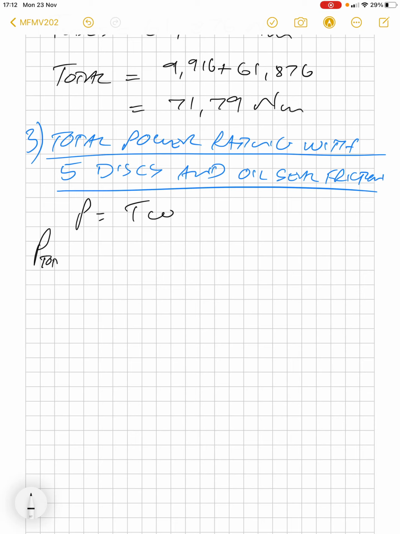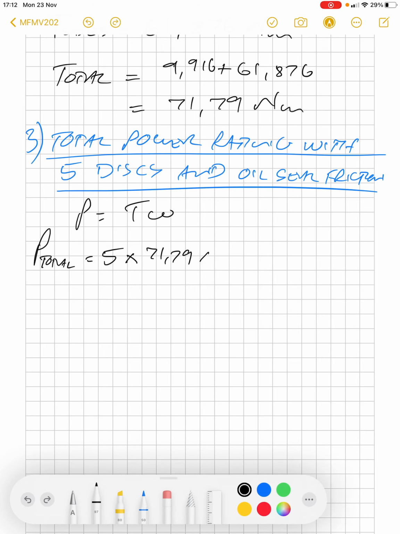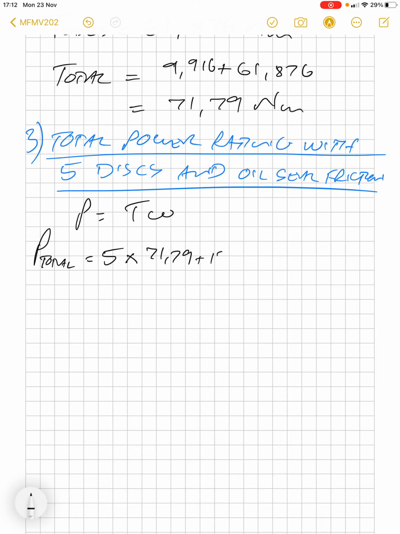So total power is equal to 5 discs times 71,79 times 1252, plus, actually, it's plus 0.4 times 1252. Oh, that is a multiply.